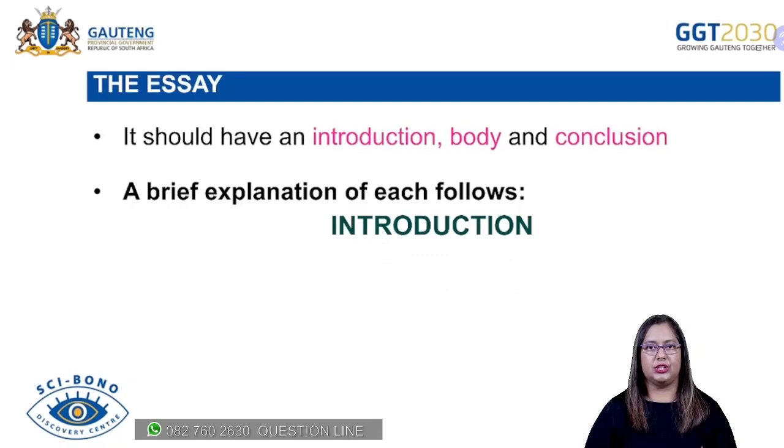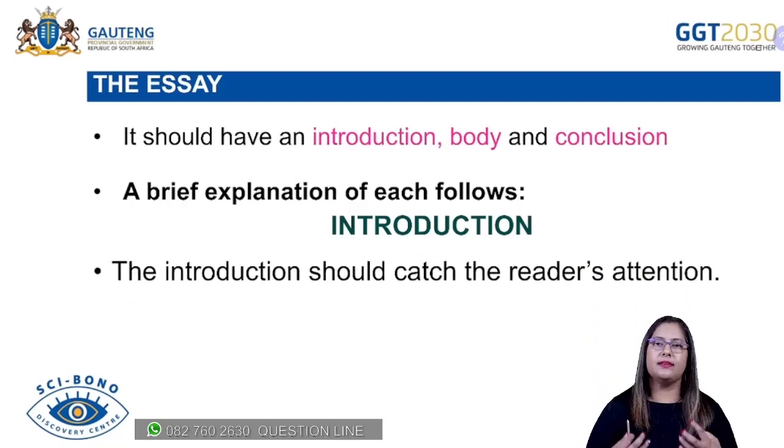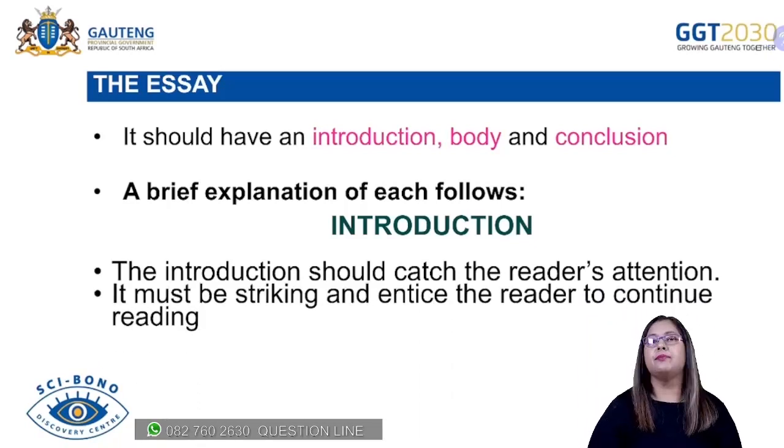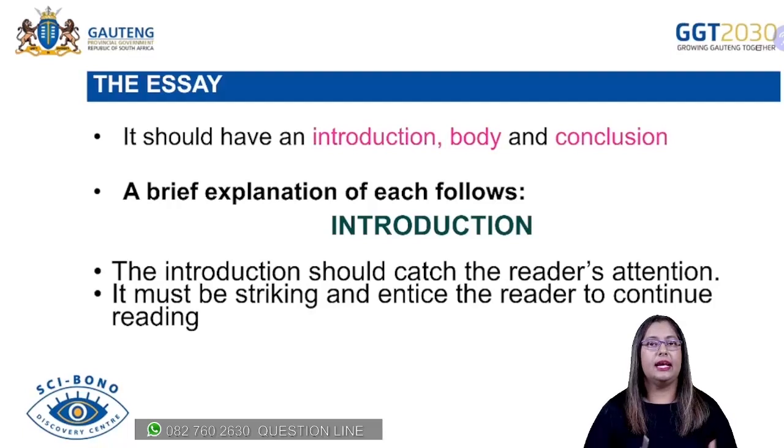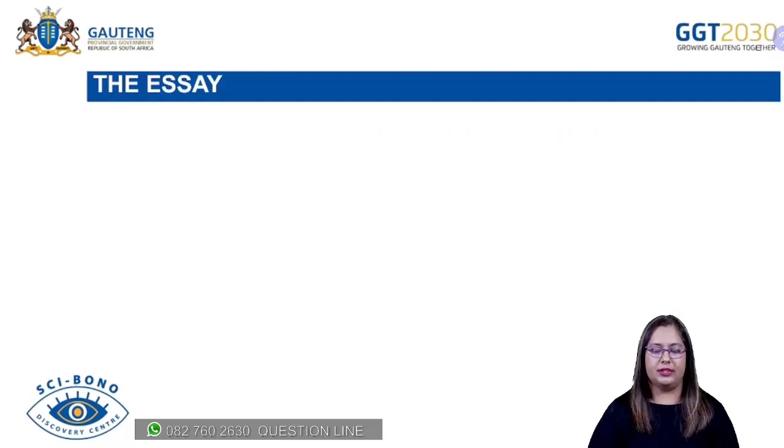The introduction, grade 12s, is simply that first part that catches the attention of the reader. So you want to make the reader go on reading further. So you have to grab his or her attention. Then it must be striking, obviously, and as I mentioned, allow us to read further.